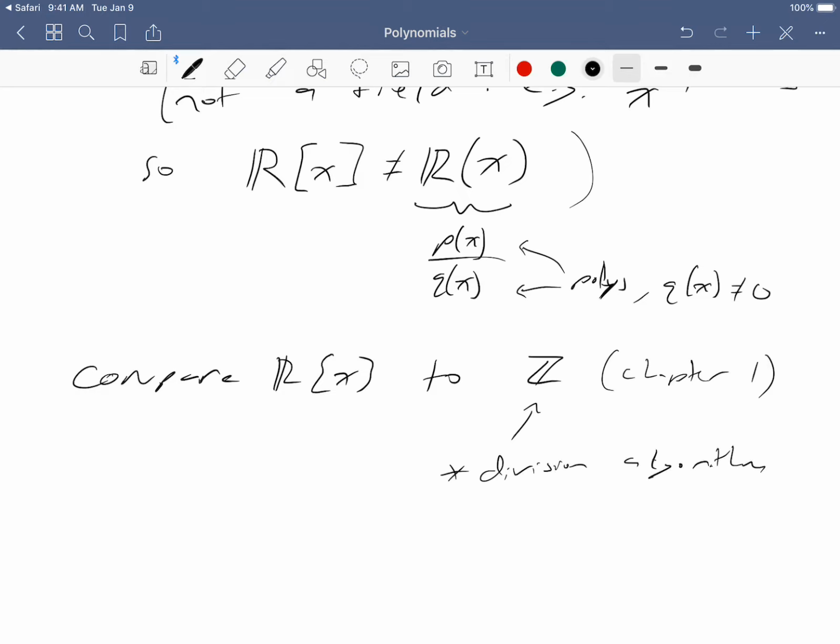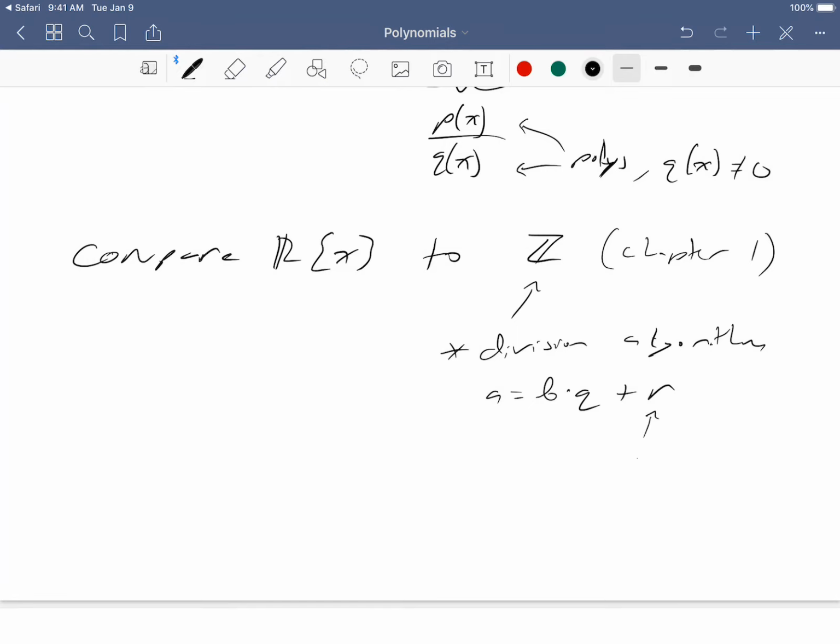That was where we wrote any a as b times a quotient plus a remainder, and the remainder had to be greater than or equal to 0 and less than b. We're going to do something similar with polynomials. Also in the integers, we had primes, and we had unique factorization. We're going to study that kind of thing here in R[x]. Which of those hold, and how do we modify them to make them make sense in R[x]?